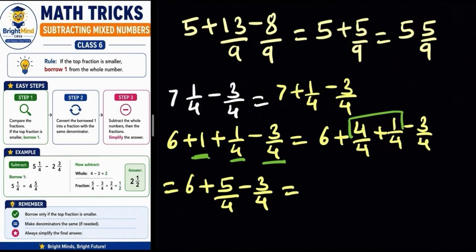Now we can also write it like this: 6 plus 5 minus 3, which is 2 by 4. Okay, and here we can reduce 2 by 4, it will become 6 and 1 by 2. So here is the answer.